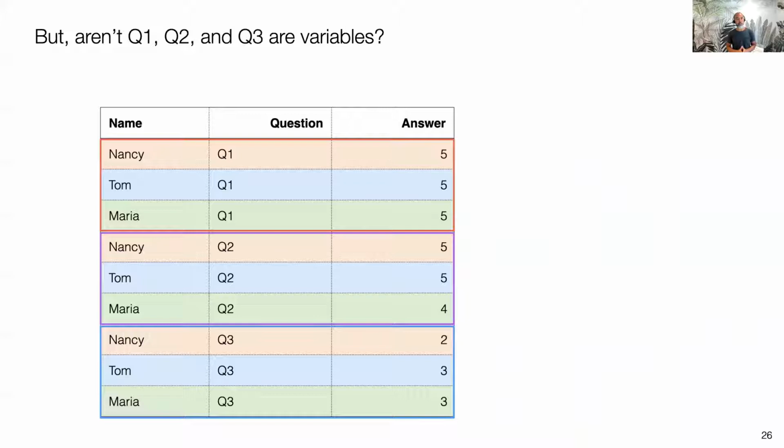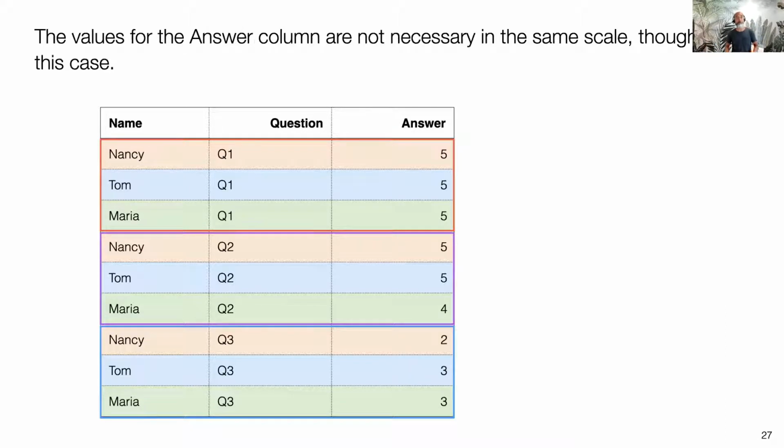But then when you see the question column and answer column, it looks like there are Q1, Q2, Q3, the question 1, 2, 3. Isn't question 1 a variable? Isn't Q2 a variable? If that's the case, shouldn't a variable have its own column? That's the kind of question. But then you can argue that Q1 can be the value.